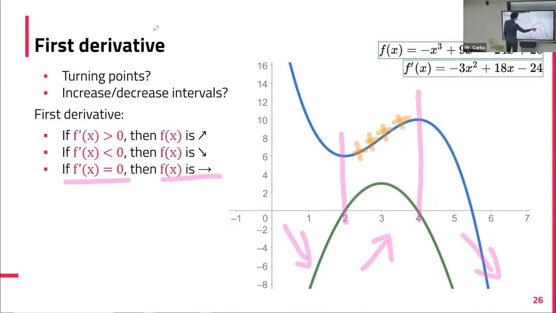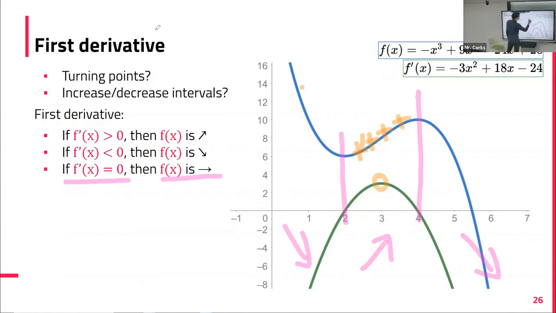We do notice this maximum point here, probably the largest, most positive slope that we have in this middle area. But that's about the second derivative, so we're going to come back to that a bit later.